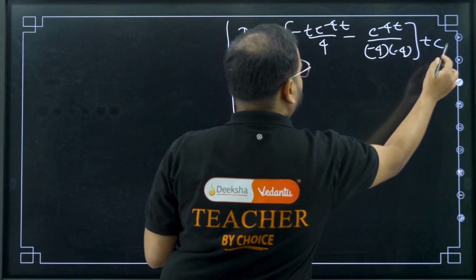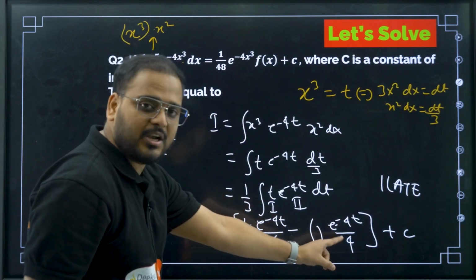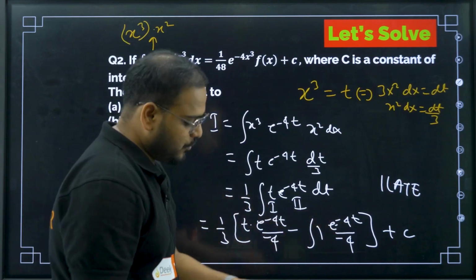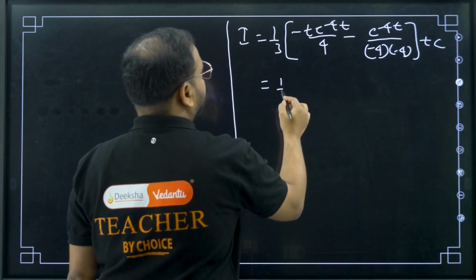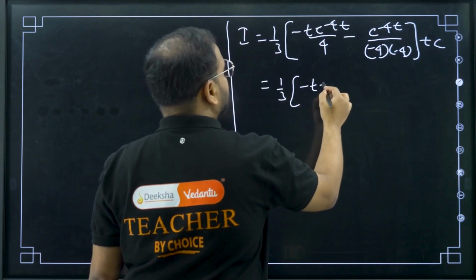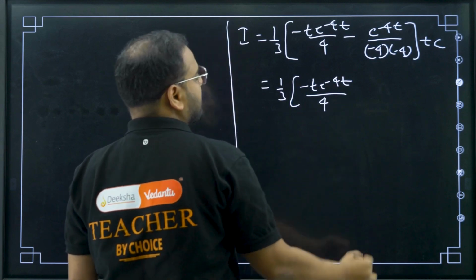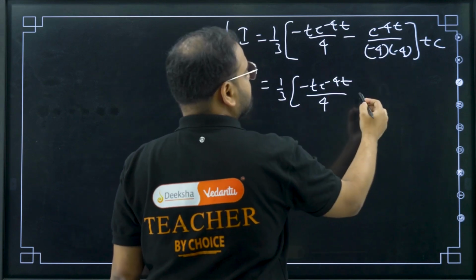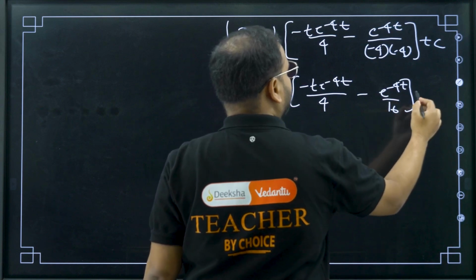How come? Integrate e power minus 4t, again you get e power minus 4t divided by the a value, which is minus 4. So I get 1 by 3, minus t e power minus 4t upon 4, minus e power minus 4t upon 16, and plus c.